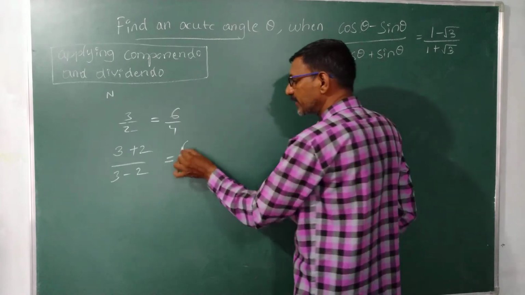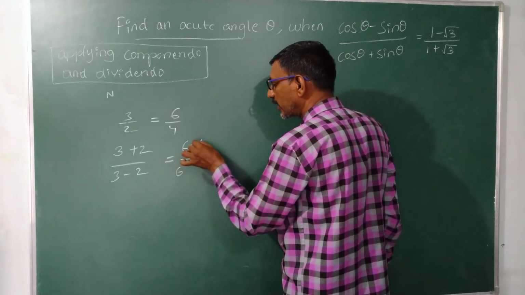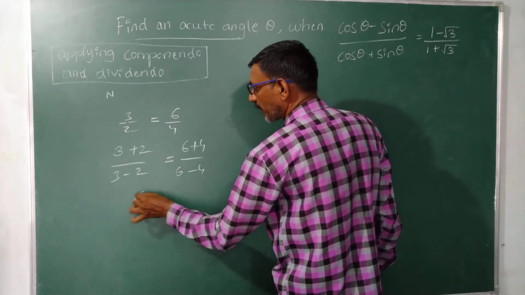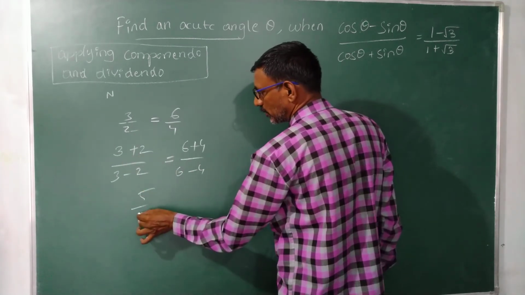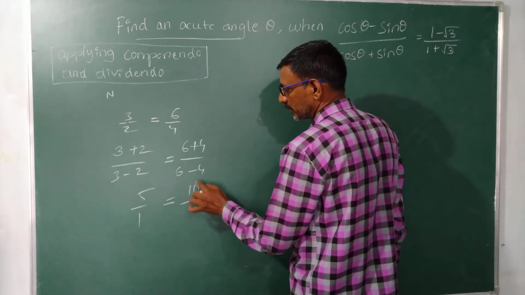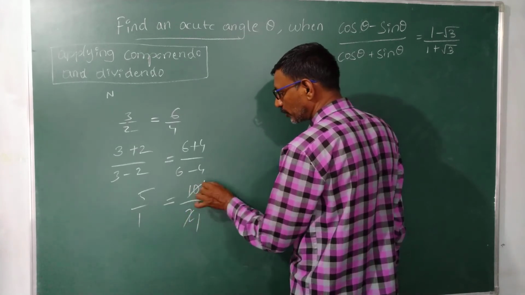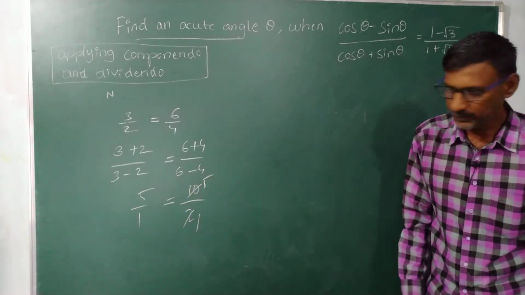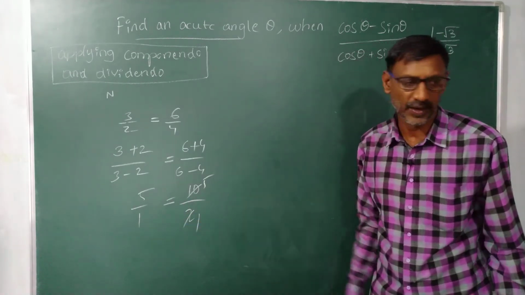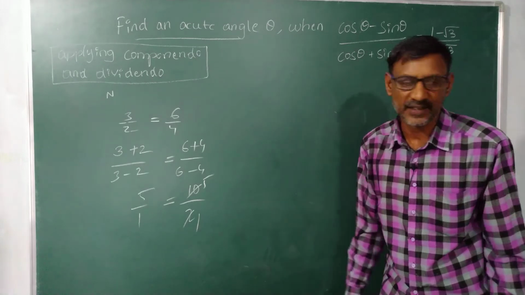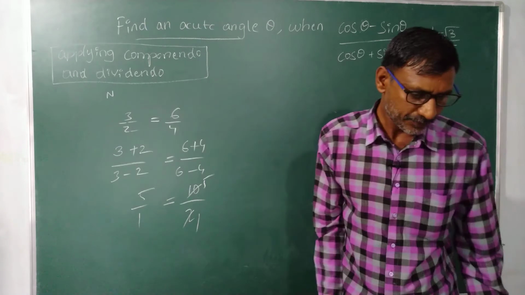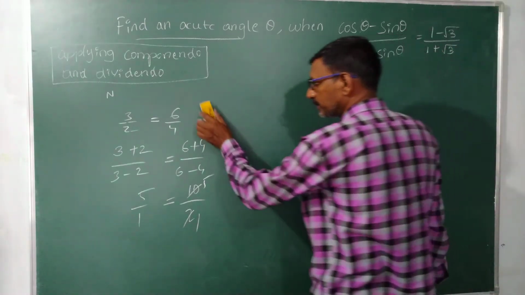Similarly, here: 6 minus 4 by 6 plus 4 gives 2 by 10, which is 1 by 5, equal to 5 by 1. This method is called componendo and dividendo.